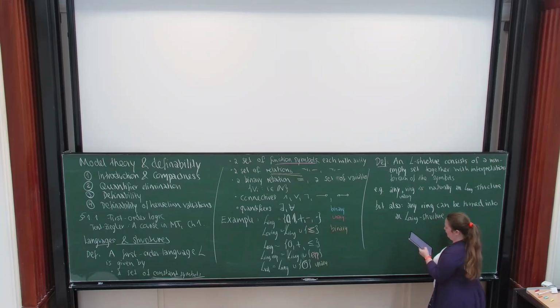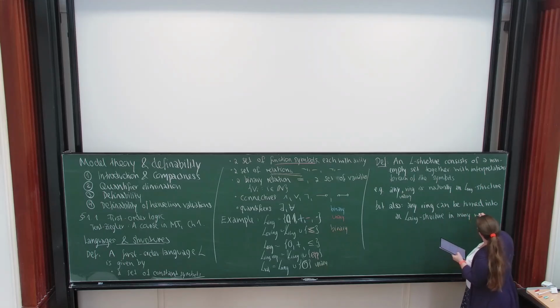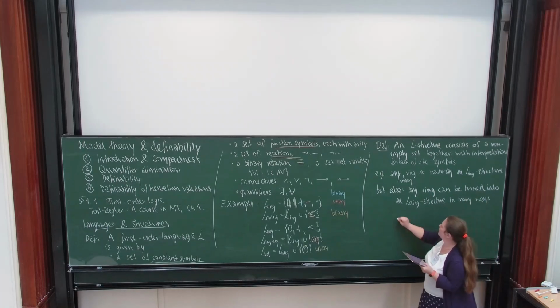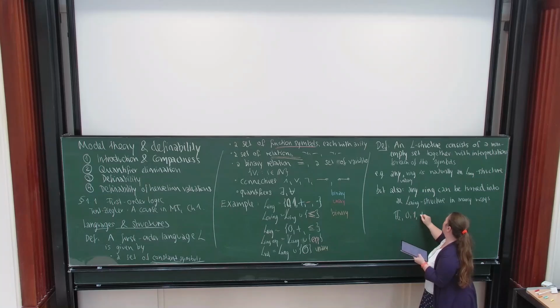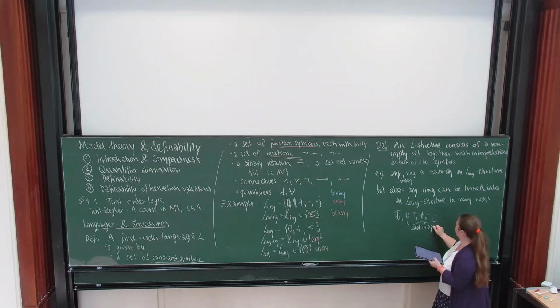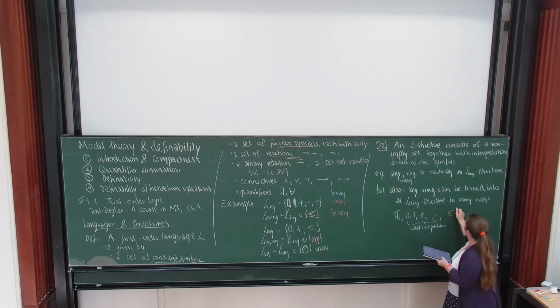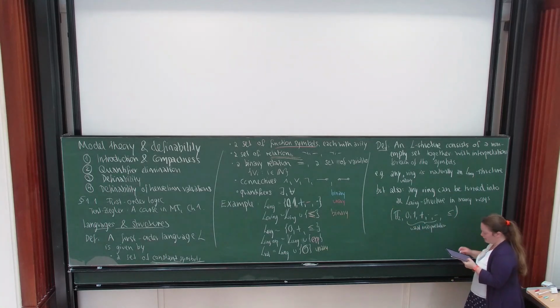Okay, now let me write it out in many ways. So I look at F2, 0, 1, plus, times, minus. All of these I give the usual interpretation. And then I add an interpretation for my binary relation symbol.